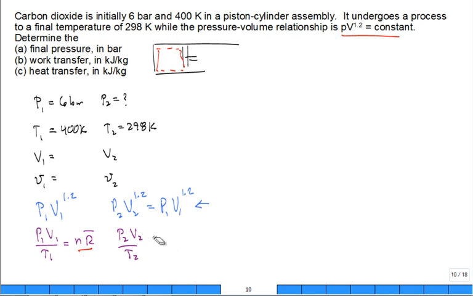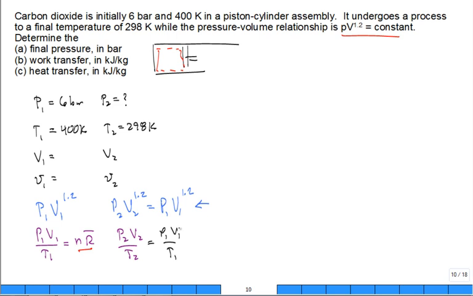Hence, I can rewrite this to say that's equal to P1 V1 divided by T1. Where did that come from? It's the ideal gas equation. The trapped amount of gas is undergoing a change in pressure, temperature, volume, but the ratio PV divided by T is a constant.